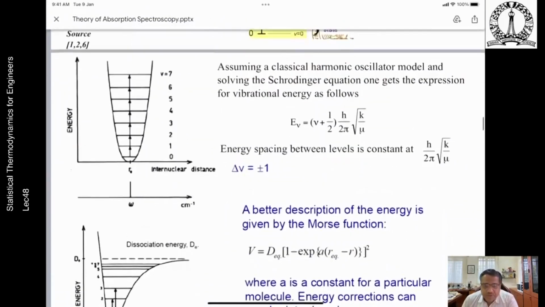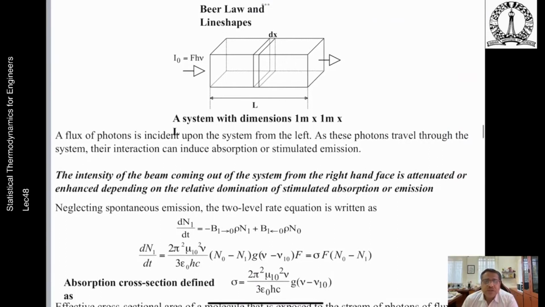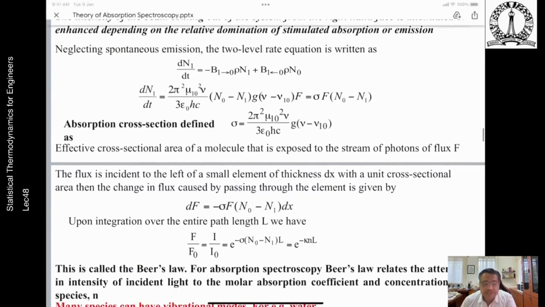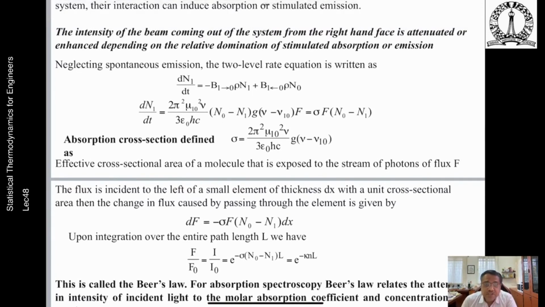So this we also covered. And this is also covered, if you recall. We also covered what we call the Beer's law, which takes into account that if there is an incident radiation from the left and it progressively gets absorbed within a medium that has a particular concentration of the species that absorbs the radiation, and the radiation is tuned to that particular wavelength, then we get what we call the absorption cross section, which is defined right over there.